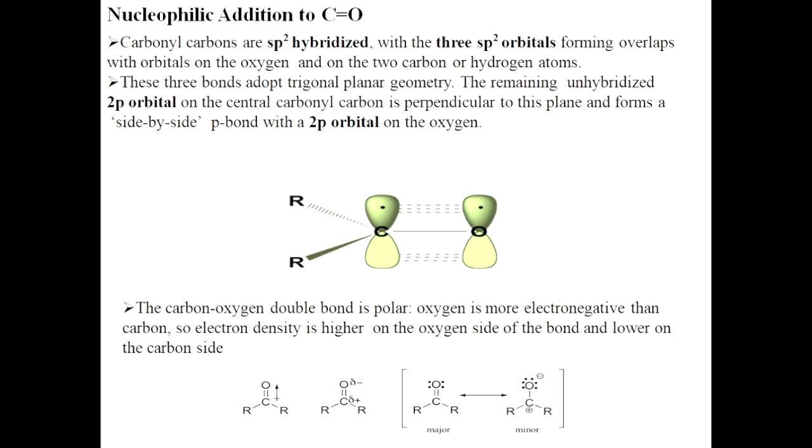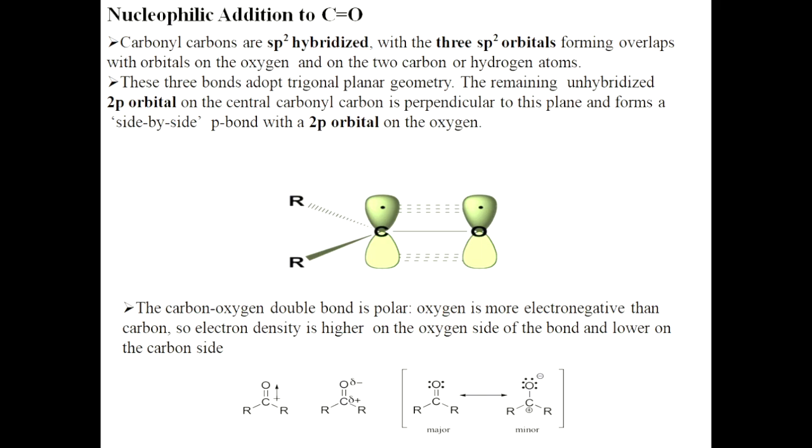So in the carbonyl group, what happened? The carbonyl carbon's sp2 hybridized 3 orbitals will bond, one with oxygen and 2 with hydrogen or alkyl groups.